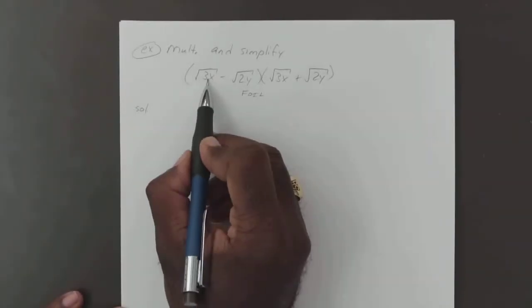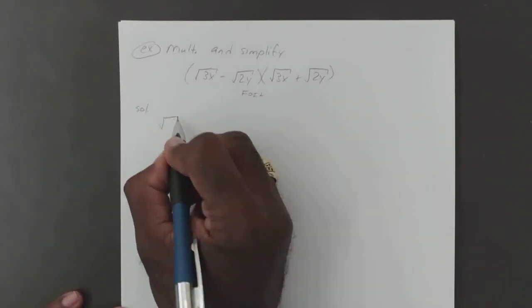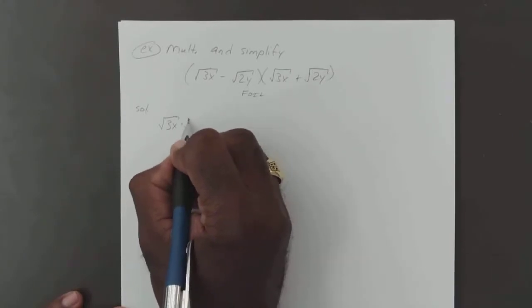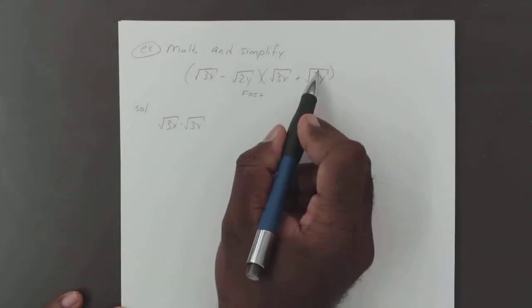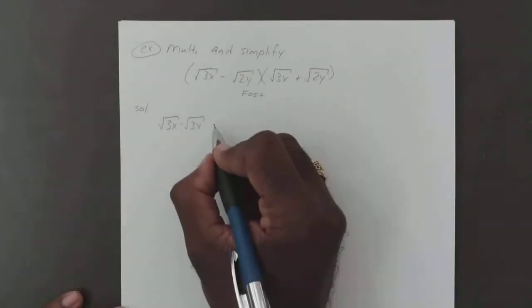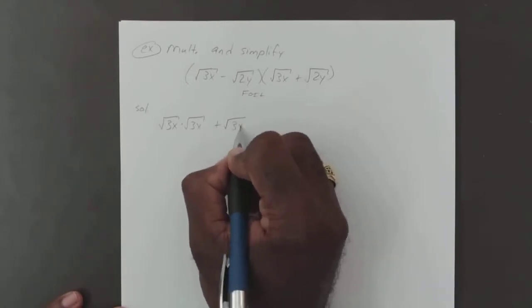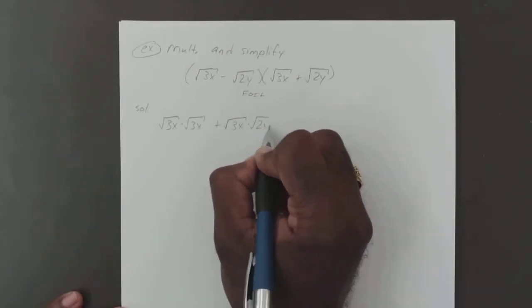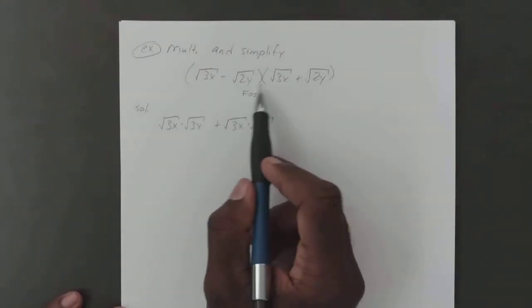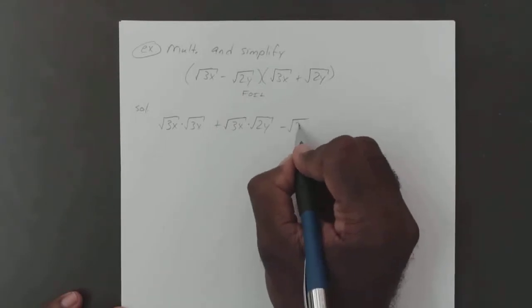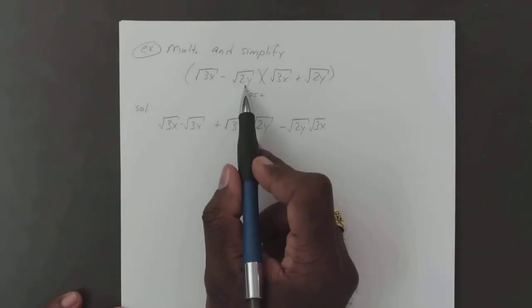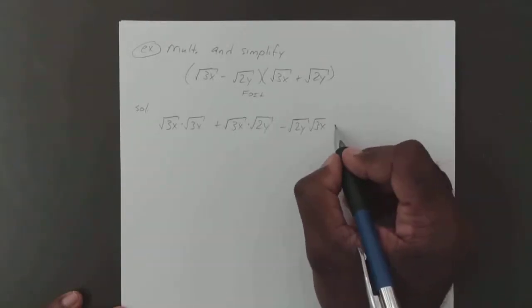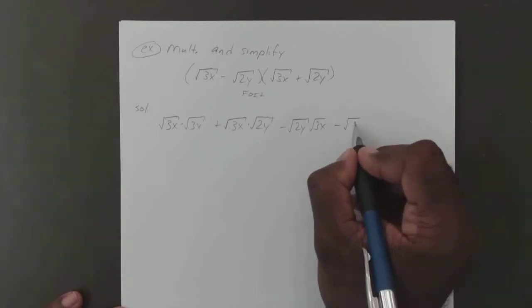For our first, you have square root of 3x times square root of 3x. And your outer, square root of 3x times square root of 2y. Your inner, square root of 3x times negative square root of 2y. And your last, negative square root of 2y times positive square root of 2y, which is negative square root of 2y times 2y.